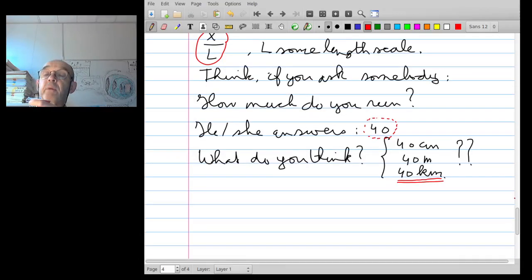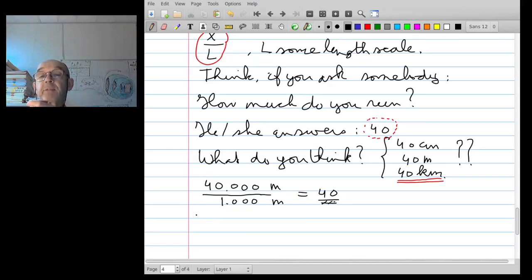Maybe the person has done the following: he is measuring in meters, so he has 40,000 meters, and he has a length scale of some 1,000 meters, and so he comes to 40.